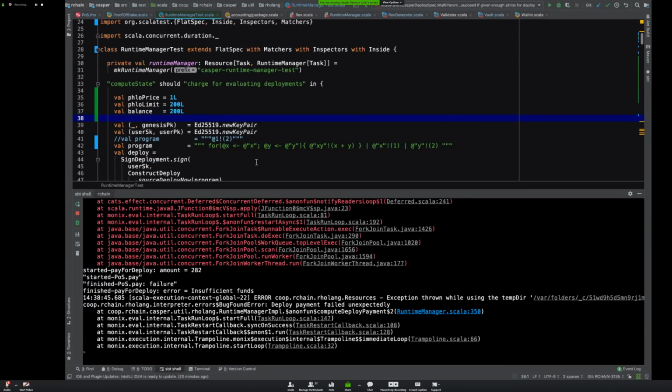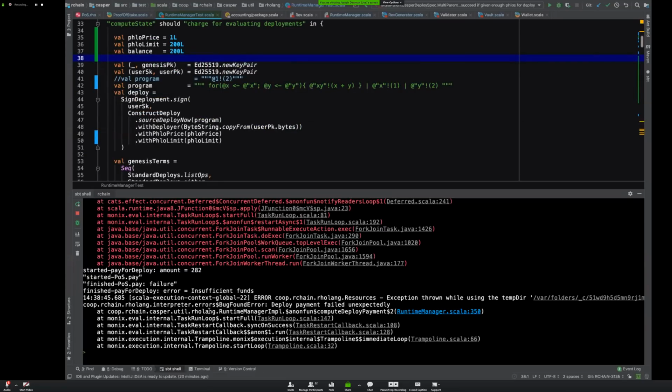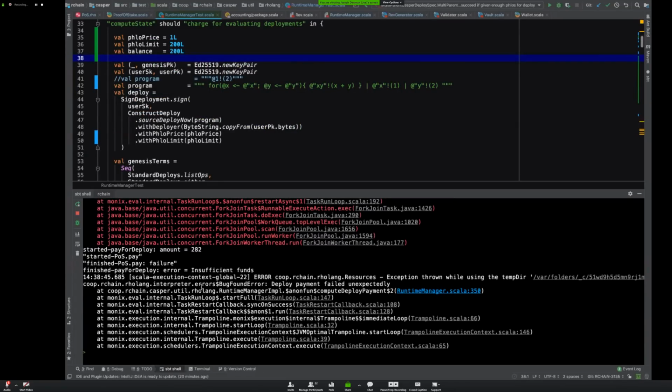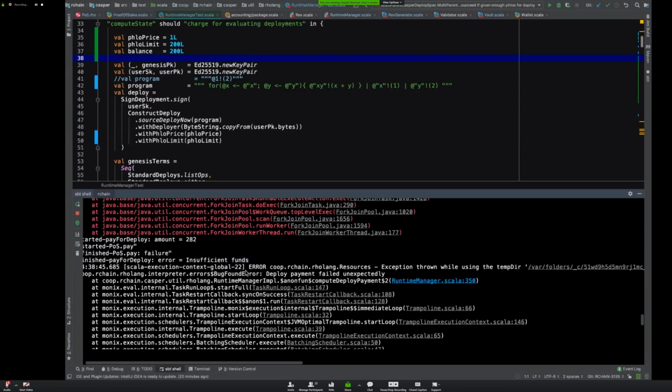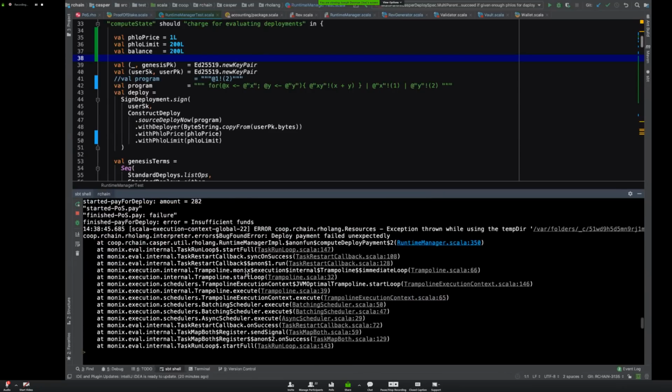So what we should see, yes, and actually, in this case, we're seeing that when we try to pay the proof of stake account, we have insufficient funds. And this is actually not expected behavior. So I guess it's a good thing that we're seeing it now.